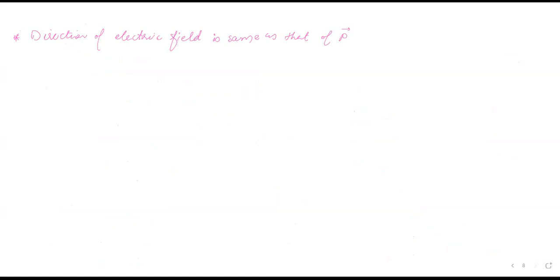Suppose that you have a dipole like this and you want to calculate the direction of the field at another point P. This is your charge of minus Q and this one is the charge of plus Q. Then we want to calculate the direction of the field at this point P. In another case, we are taking the same dipole in the opposite way.